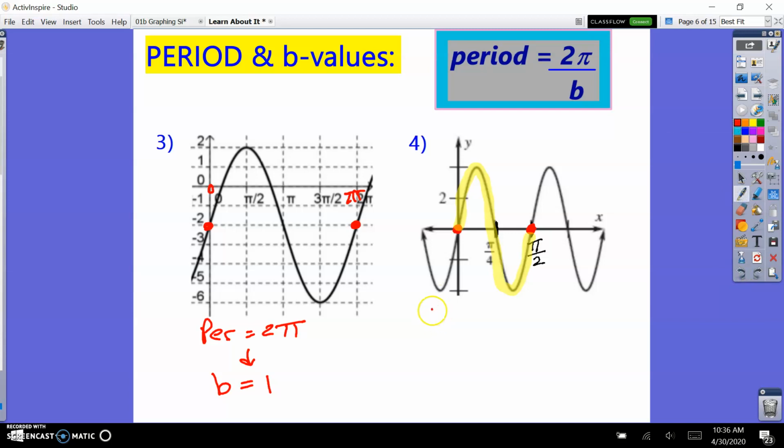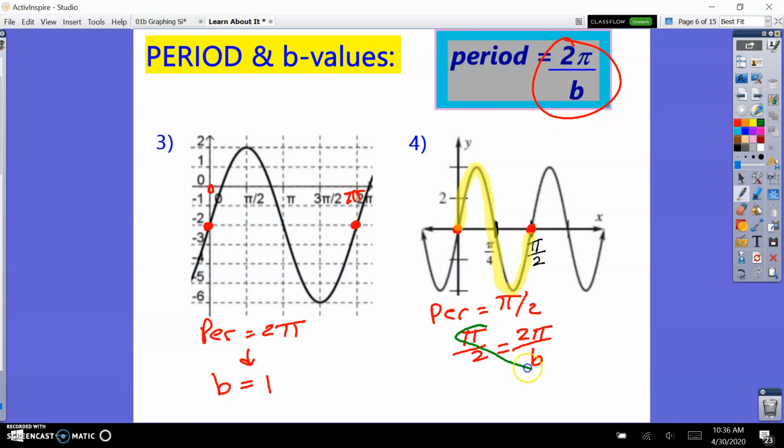There we go. So our period now is pi over 2. So I'm going to set that period equal to the formula up here, equal to 2 pi over b. Oh, we're going to have to do some work. Okay, so I'm going to cross multiply.